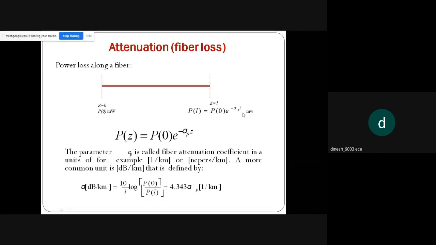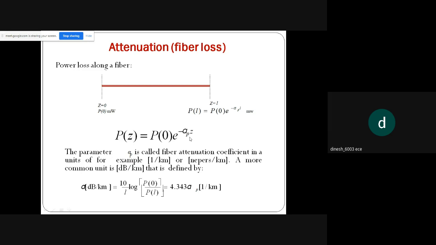L is the length of the optical fiber along which the optical signal has traveled. In terms of length, P of Z can be written as P of naught into e power minus alpha P into Z, where alpha P is the fiber attenuation coefficient.